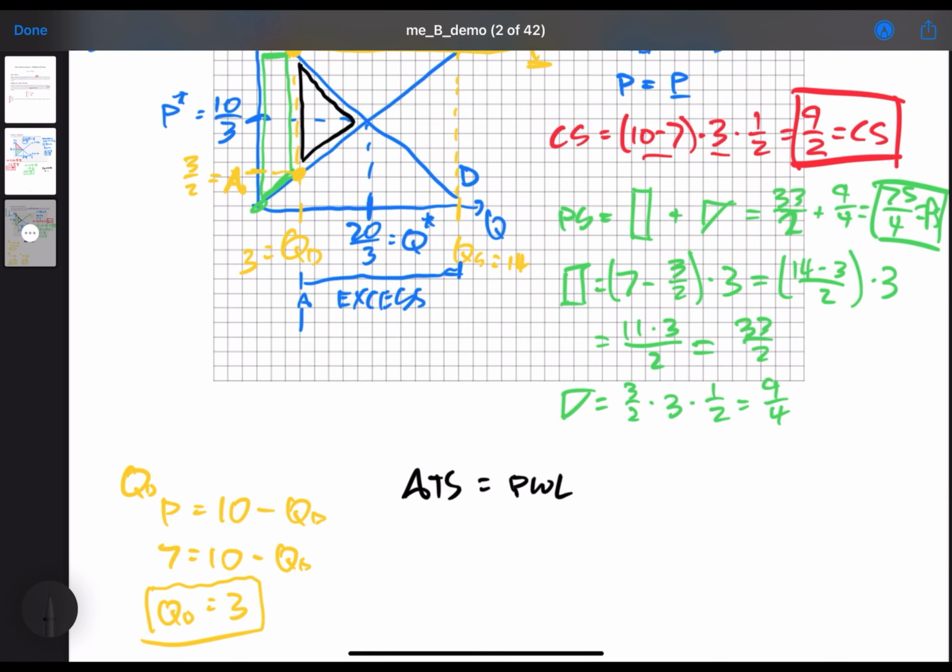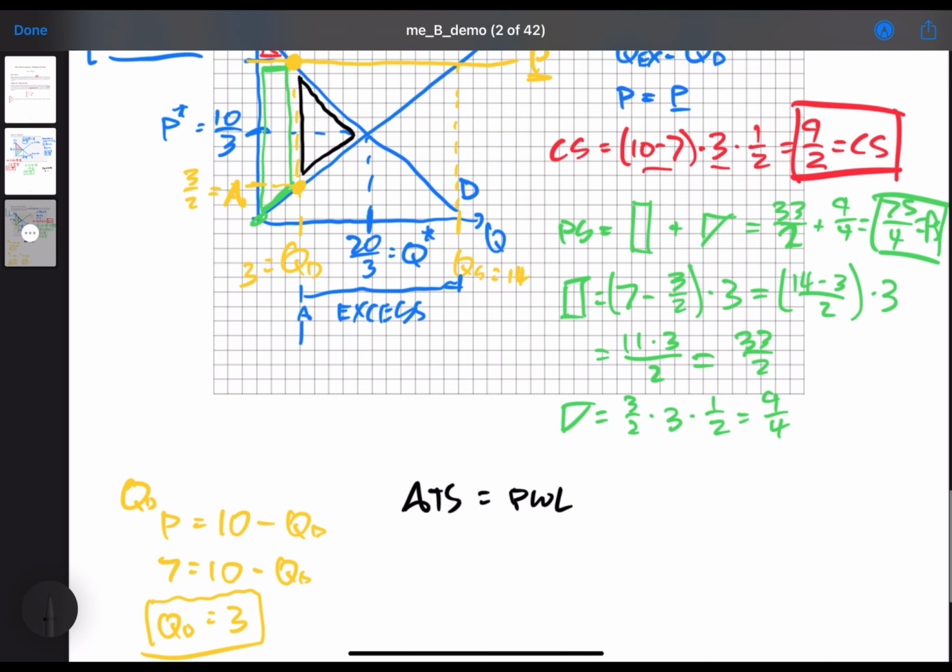The other, which is going to be more direct, and in this case it's going to be simpler, is just to find the area of that triangle. So we know it's a triangle. It's not always going to be a triangle. It's a triangle here. So our deadweight loss is just going to be height, which is 7 minus 3 over 2, times base, which is 3.